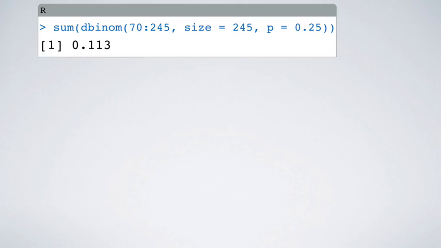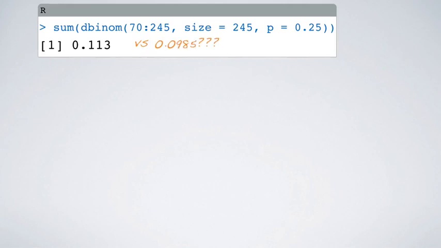So what this function is actually doing is two things. First, calculating the probabilities for each outcome, 70, 71, 72, all the way up to 245, and then we wrap that around with the sum function, so we're adding all of that up. The probability comes out to be 0.113 or 11.3%, versus the 0.0985 we found before.